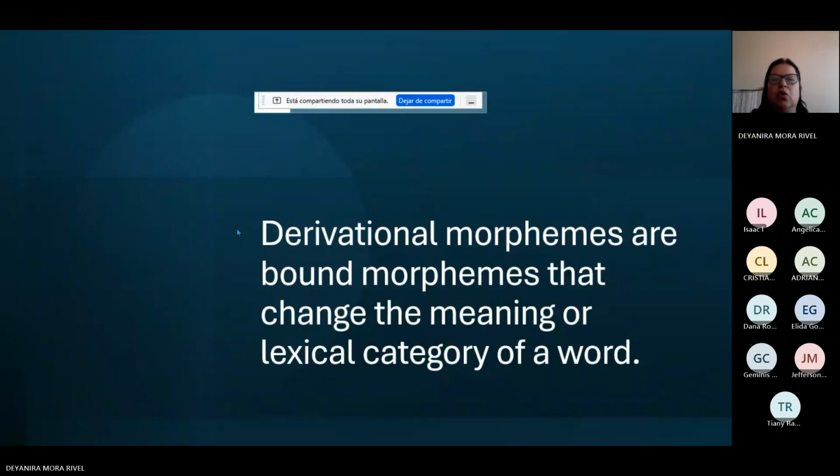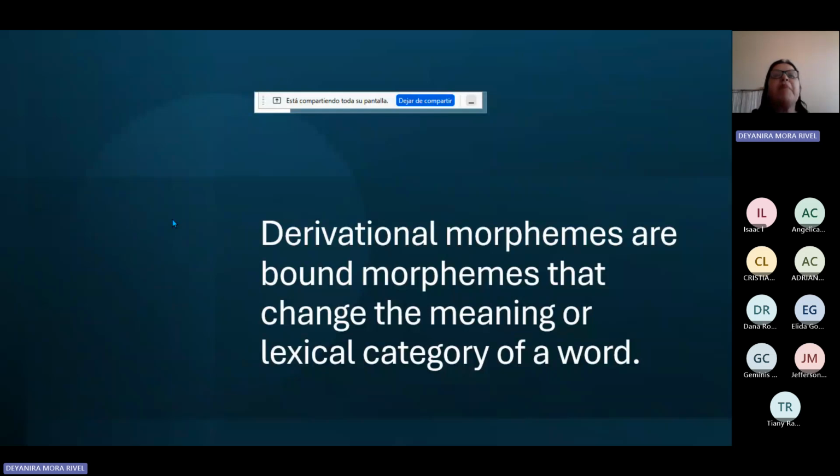There are bound morphemes that are going to change the meaning or the lexical category of the word, like govern, which is a verb, and I add ment, and now it's a noun. Happy, which is an adjective, and I add ness, and now it's a noun, right? Happiness. So derivational morphemes are those that change the category.